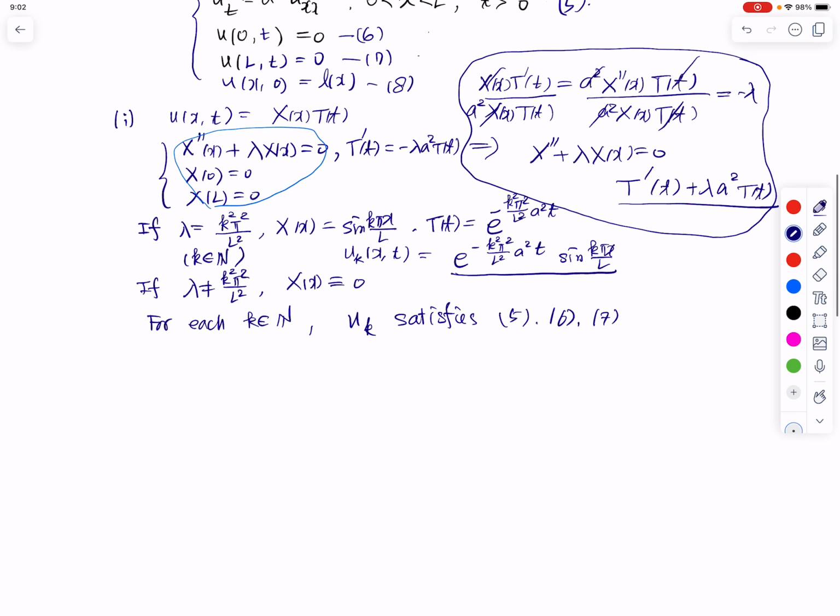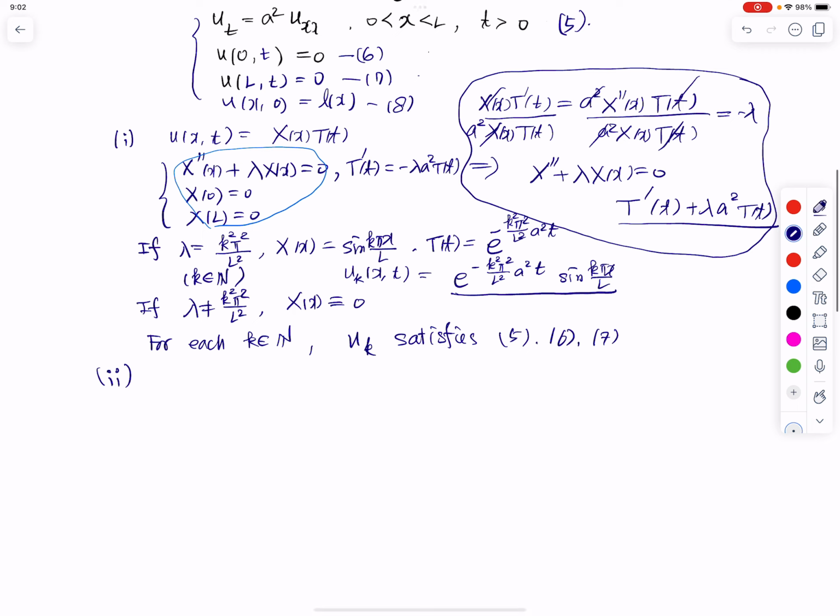Then you remember from the previous lecture, we assume that u(x,t) equals the summation from k equals 1 to infinity of b_k u_k(x,t).